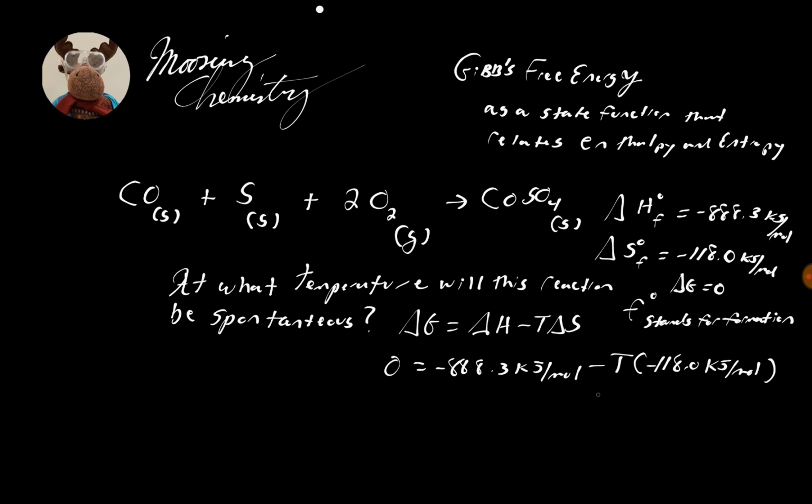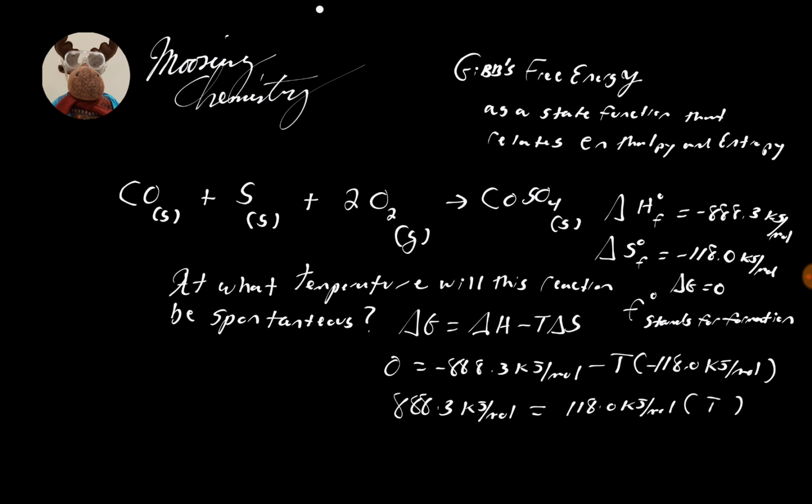We have two minuses here, a minus and a minus. See that minus and minus there. So this is going to give me 888.3 kilojoules per mole on this side of the equation equals a positive 118.0 kilojoules per mole times T.